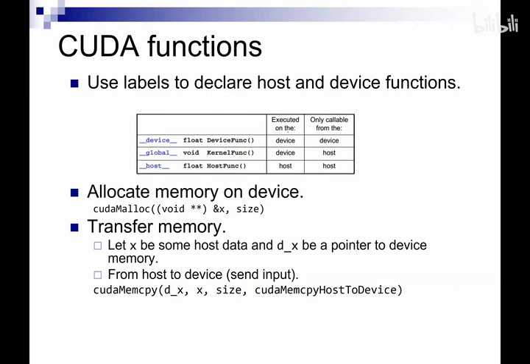Now, to transfer data from the CPU to the GPU, we can call this function CUDA memcopy. Here you give the device address, the host address, the size of what you're transferring, and since you're transferring from the CPU to the GPU, you have to write this thing over here.